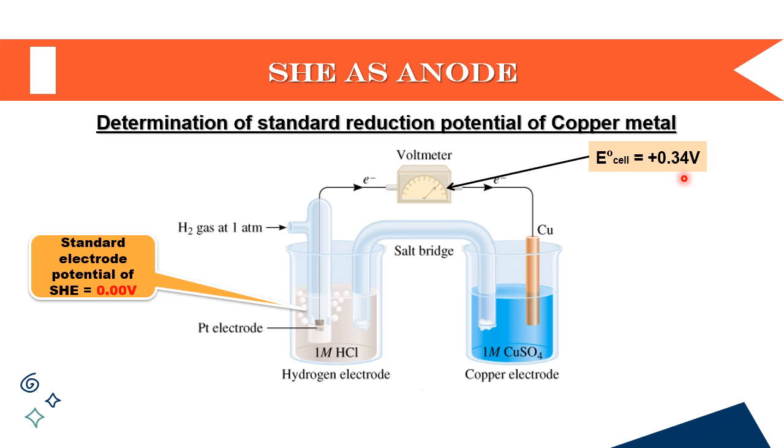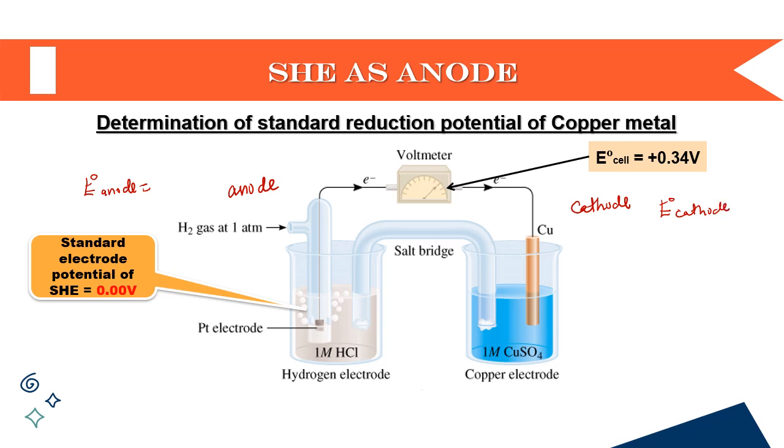So again, let me remind you, this is not the value directly for the copper half cell over here. As if I can write down, since this is your anode and this is cathode, you will get the value of E naught anode over here, and this is the value of E naught cathode.